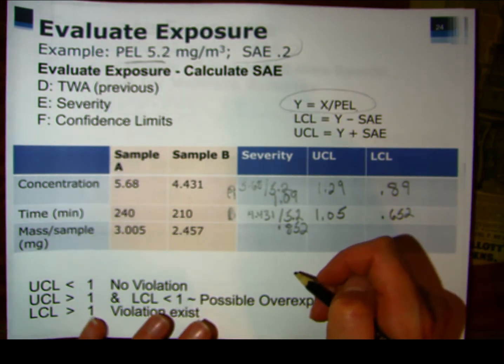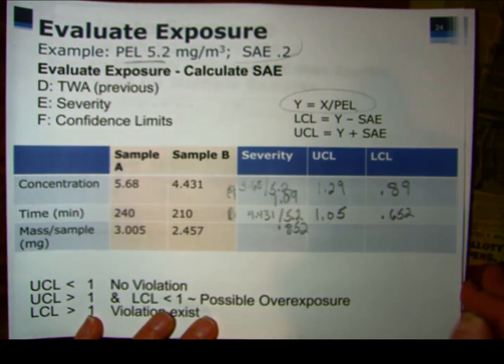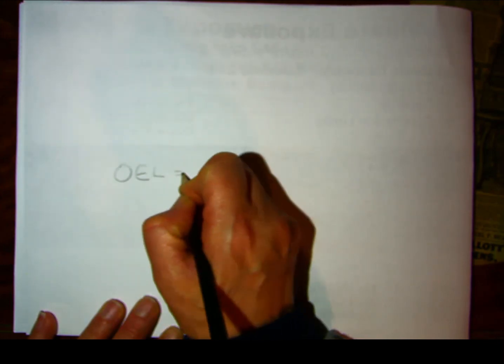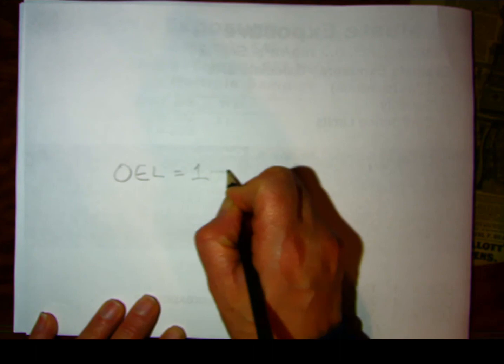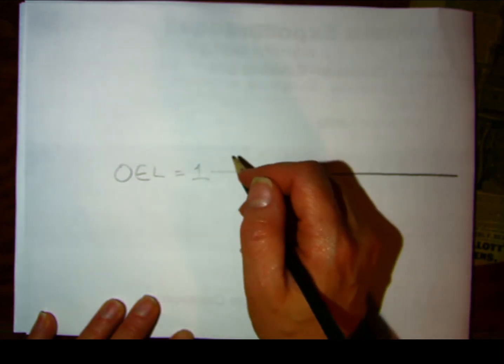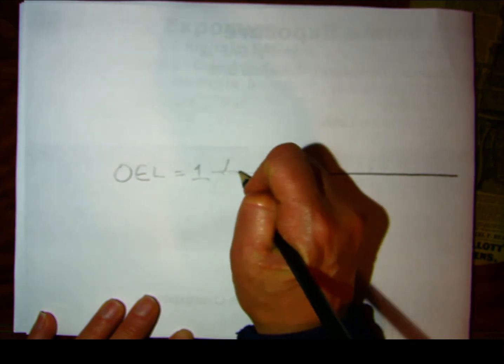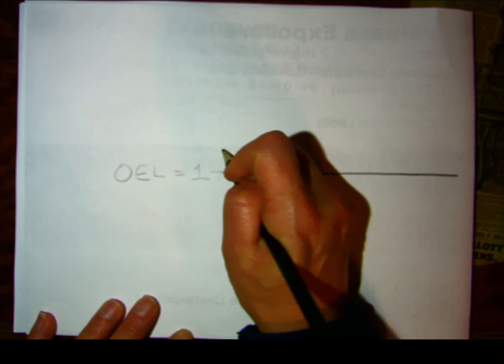So what this would look like graphically, remember our OEL equals 1. And in our first situation, the concentration was above 1. Our upper confidence is above, but our lower confidence is below.